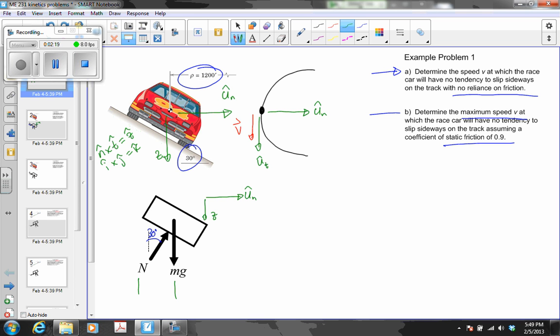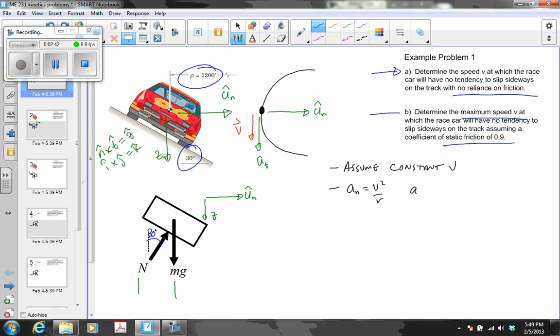So how is the car accelerating? We'll assume constant speed, constant velocity through the curve. So that means we'll have a normal component, v squared over r.